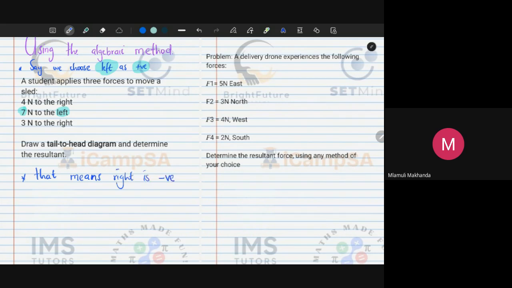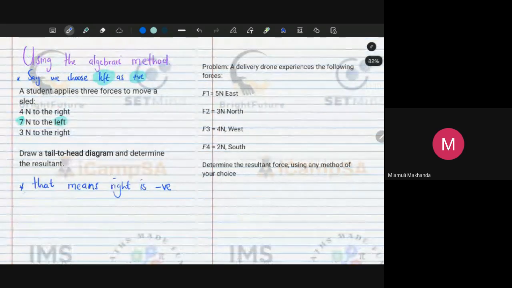Negative. Let's go. So therefore, we would have something like this. F1, which is 4 N to the right, would be actually minus 4 N. F2 would be to the left, so it's plus 7 N. F3 is to the right, which is therefore minus 3 N. N is newtons, remember.